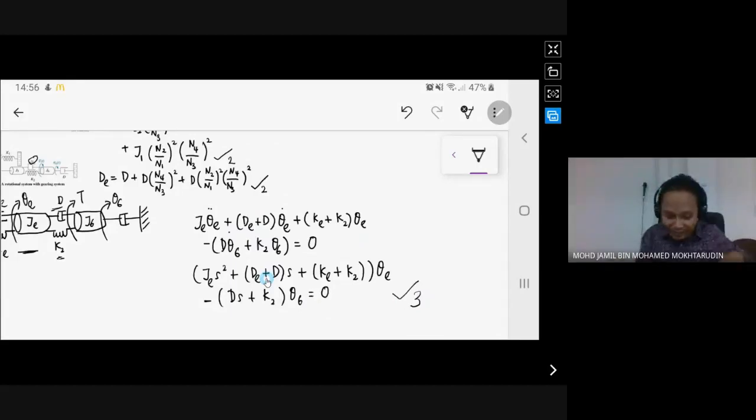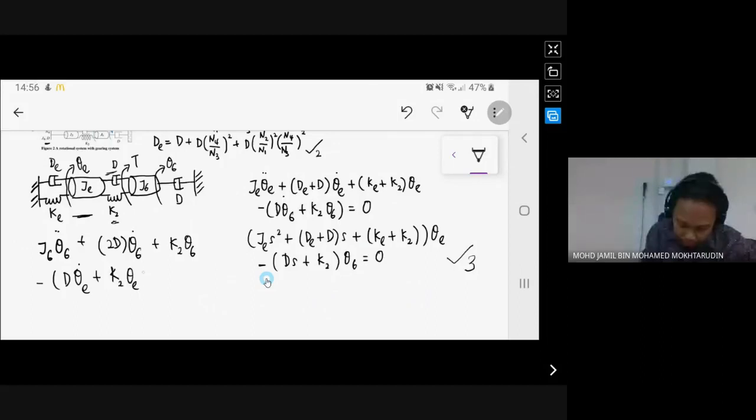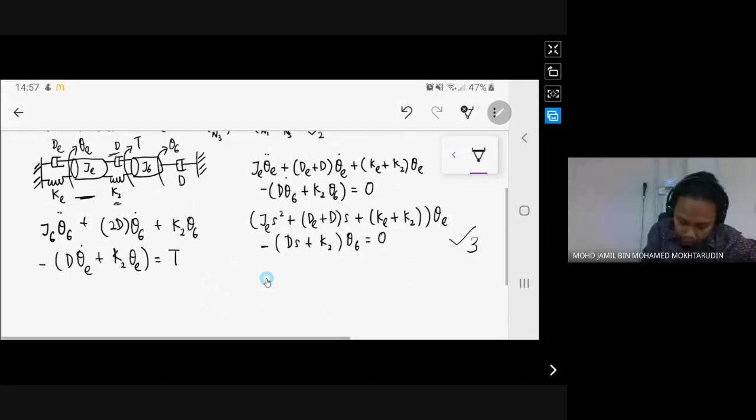Okay. So for the second equation, for theta 6, so you have J6 theta 6 double dot plus, oh this is T, sorry. So plus 2D theta 6 dot plus K2 theta 6 minus D theta E dot plus K2 theta E equals T. So you can write this in terms of frequency.